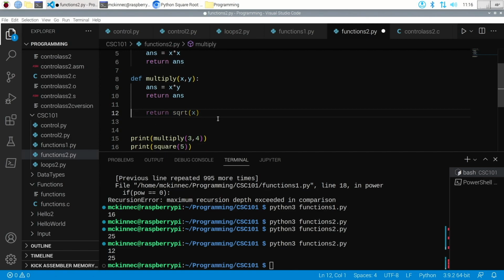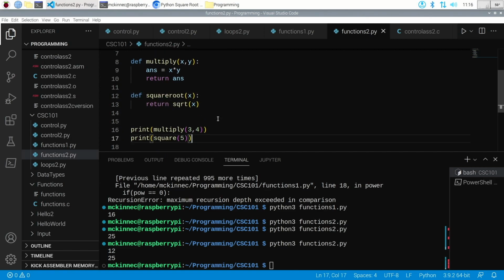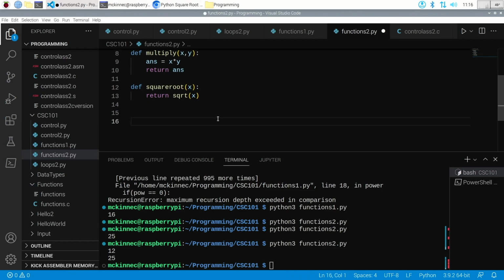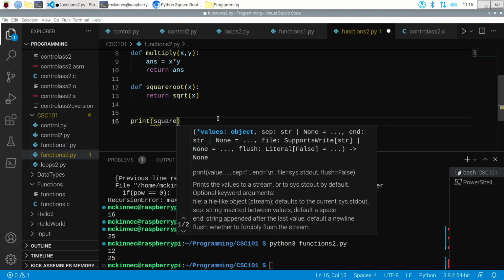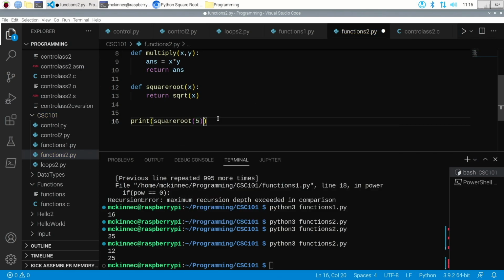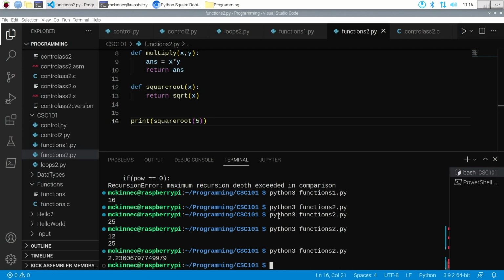So what would happen if I called this function with the square root of 5? Let's call the square root of 5. And what do I get? Yeah, 2 point whatever. It's saying, oh, well, that's a number, and I can take the square root of it. And here it's computing it as a 64-bit float, just natively.